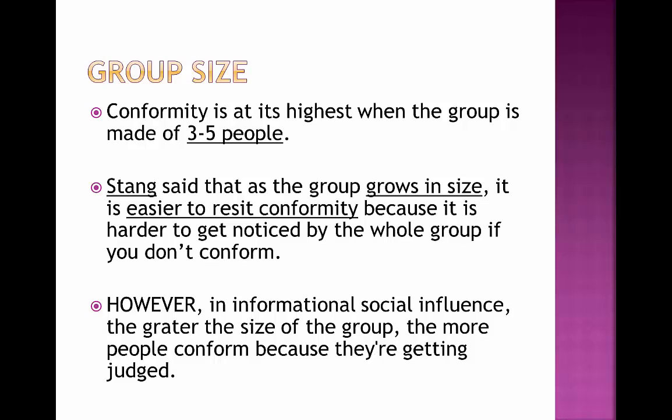Now this isn't when you're leaving a group, as I've just explained, but when perhaps you're wanting to join a group. If you're in a nightclub and you see more and more people acting in a certain way, you are probably going to be more likely to conform in order to be accepted into this group and not be judged. However, if you are leaving, then it's a lot easier to leave if the group is much bigger rather than much smaller, for Stang's reasoning.